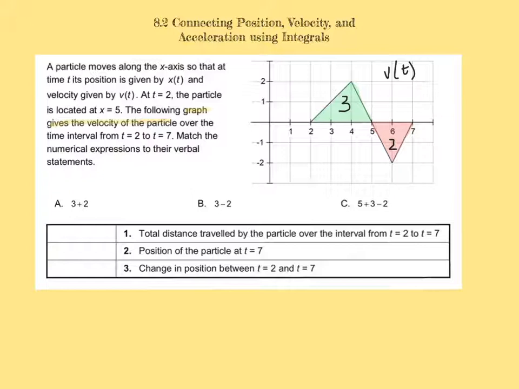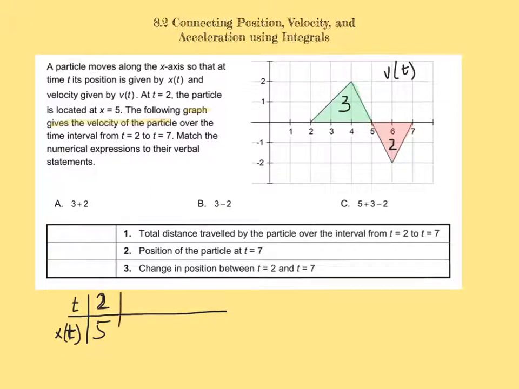Okay, so that means that when the particle started, I'll make a little graph here. We'll do position. At the beginning, at 2 seconds, our particle was at position 5. Then what happened? Over the next 3 seconds, the particle went 3 units to the right.